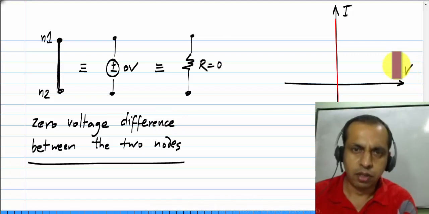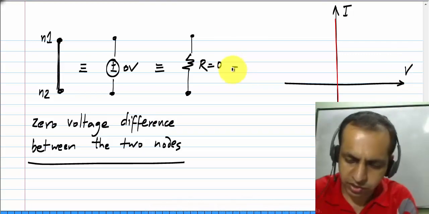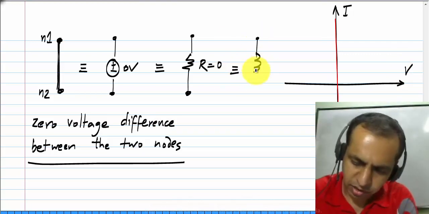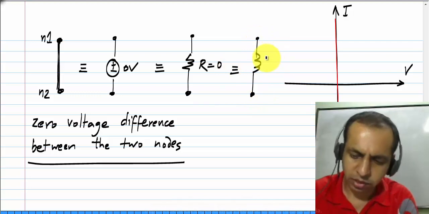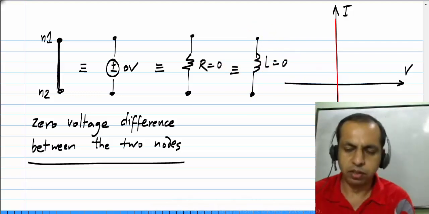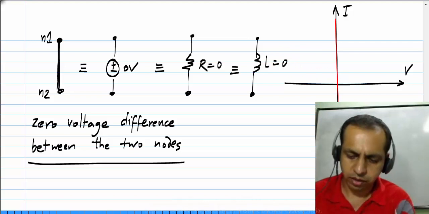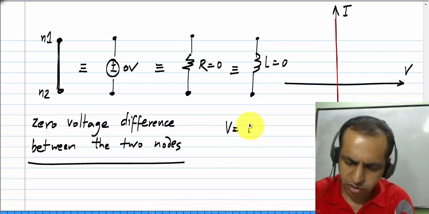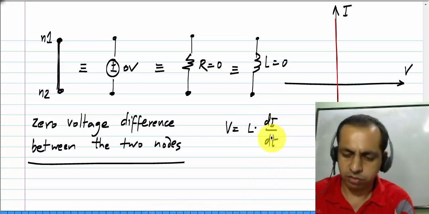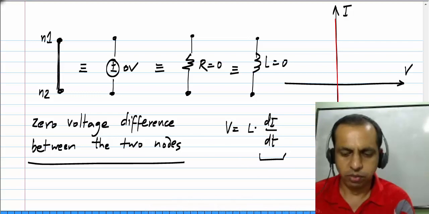Now, similarly, you can also think of this as zero inductance between two nodes. Because we know that V is L times the time derivative of I. This means that for any finite value of the time derivative, the voltage will still be 0.